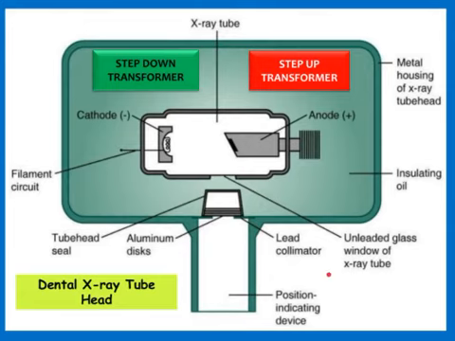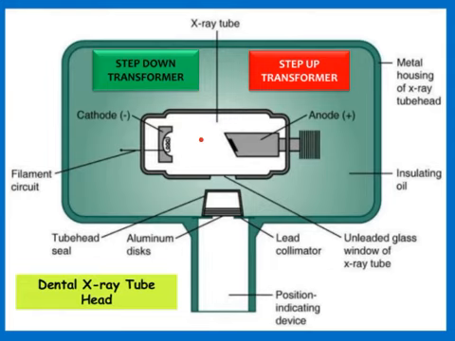So, this is called the unleaded glass window of the X-ray tube. Okay, the whole tube is made of glass except one small window which is unleaded. The whole area is made of leaded glass. So unleaded glass plus the leaded glass gives you the dental X-ray tube.